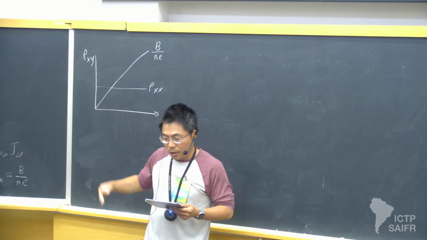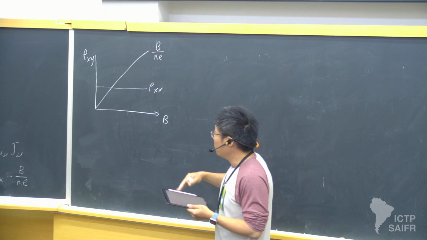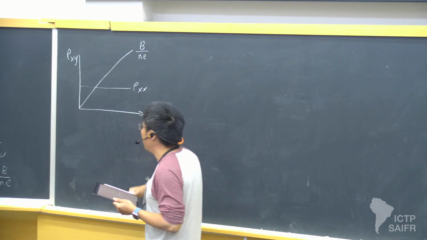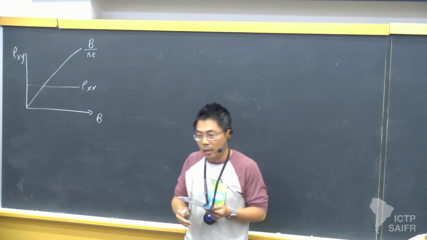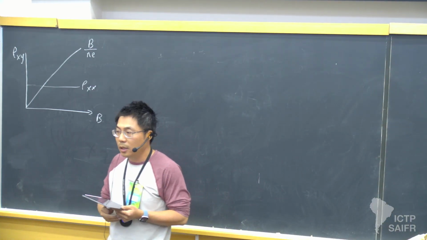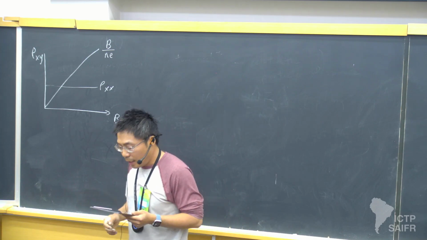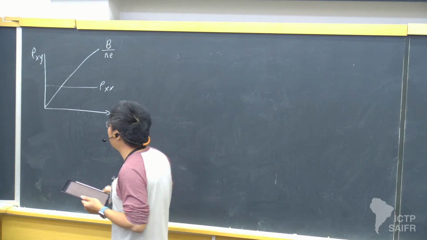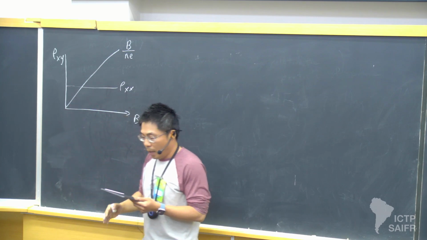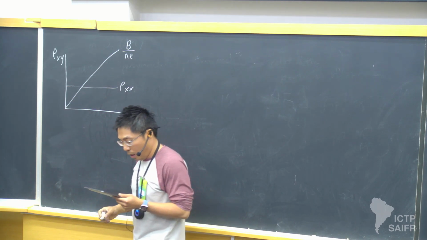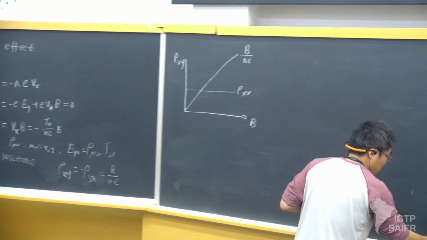So if you lower the temperature of the system low enough, and you look at a region that has very strong magnetic field, typically around 5 to 10 Tesla, then you will find that this Hall resistivity starts to develop so-called plateaus.